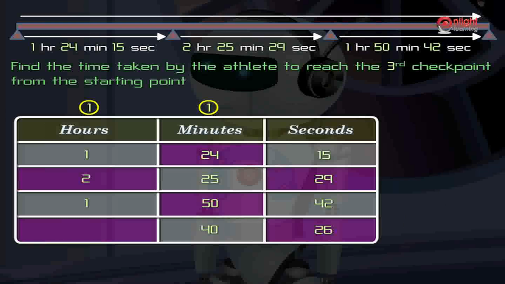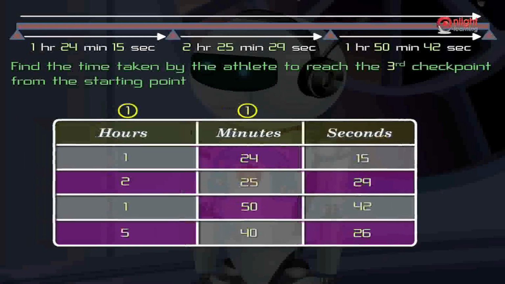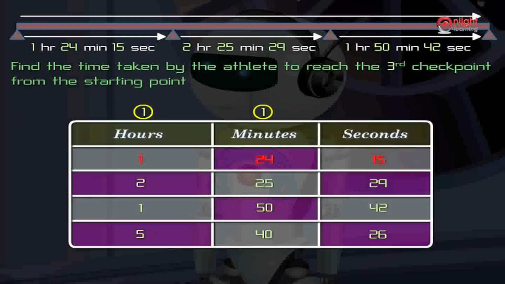Now add the hours column. 1 plus 2 plus 1 plus 1, which was carried over from the minutes column. Hence, the sum is 5 hours. Hence, 1 hour 24 minutes 15 seconds plus 2 hours 25 minutes 29 seconds plus 1 hour 50 minutes and 42 seconds is equal to 5 hours 40 minutes and 26 seconds.